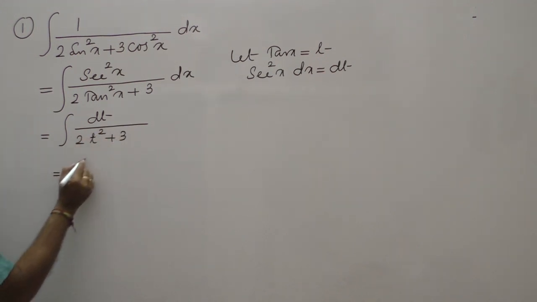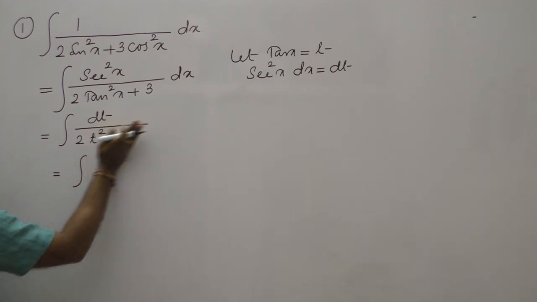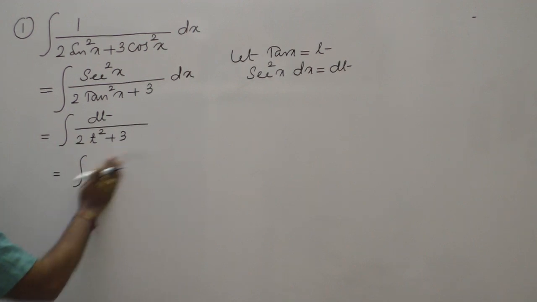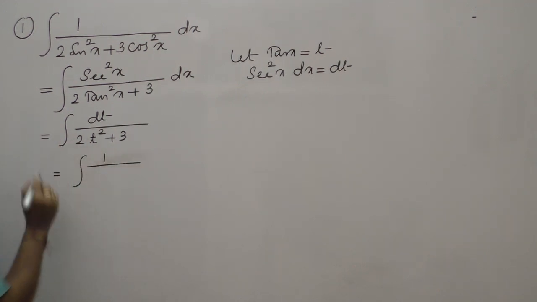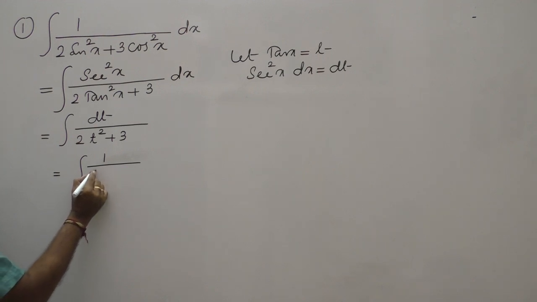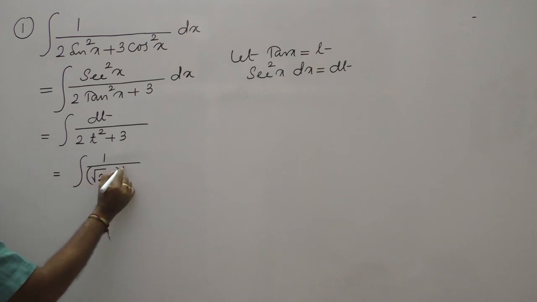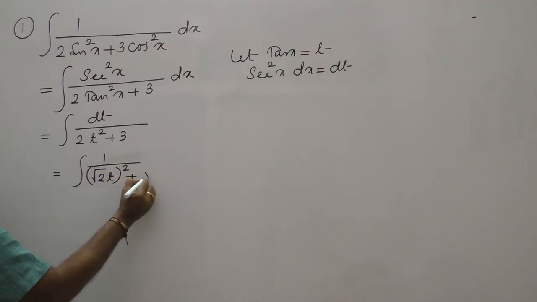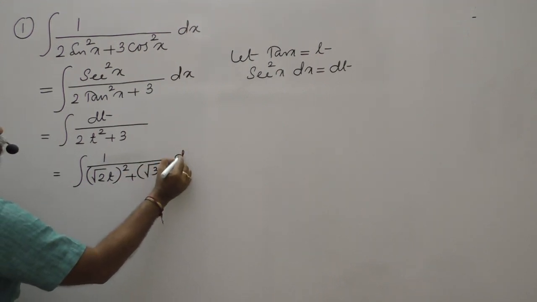I will arrange this as integral dt divided by, here 2t square is there, so I can write root 2 into t whole square plus 3, which is root 3 whole square, into dt.